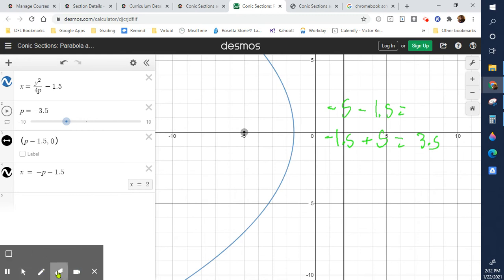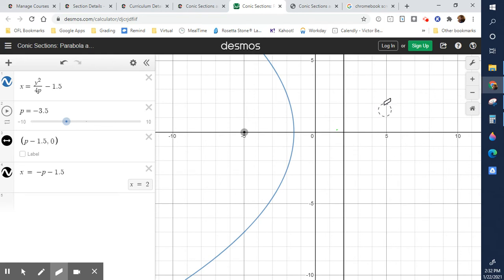Let me explain it a little bit more. I'm here at negative 0.5. My goal is to get the focus here at negative 5. So I need to figure out what the distance from here to here is, from here to that 1.5. Well, that's halfway between here and here, so that's at 3.5.